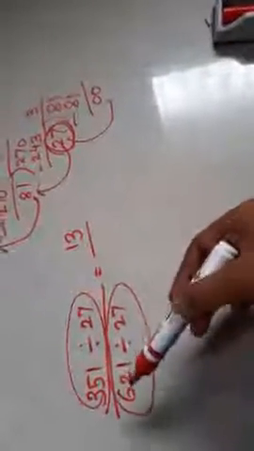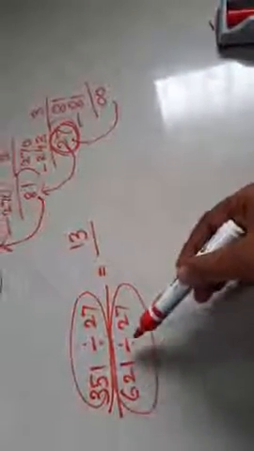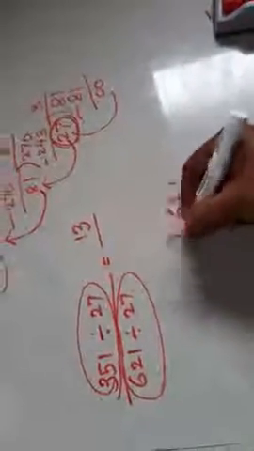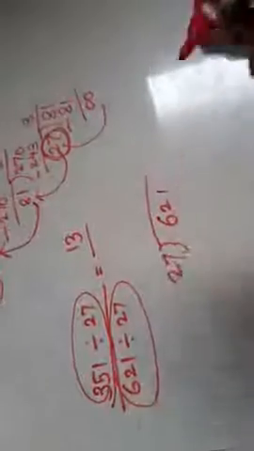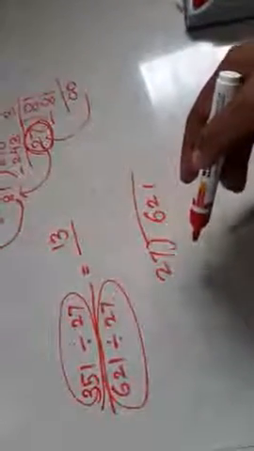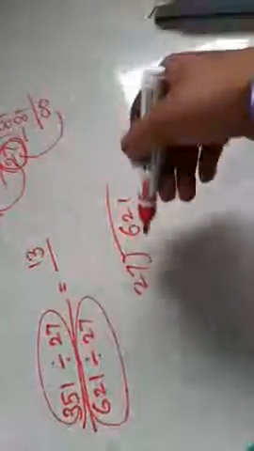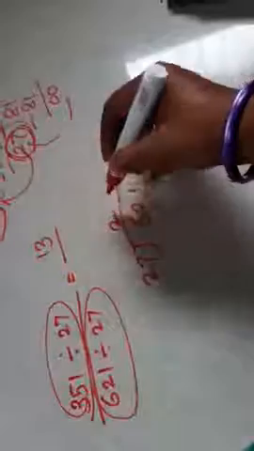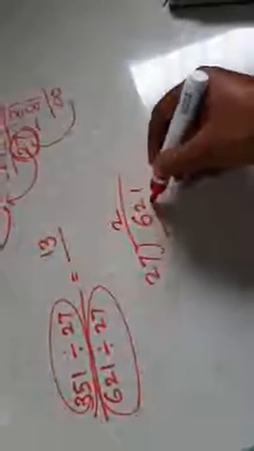Now this we will do. 621 divided by 27. 27 1s are 27. 27 2s are 54.